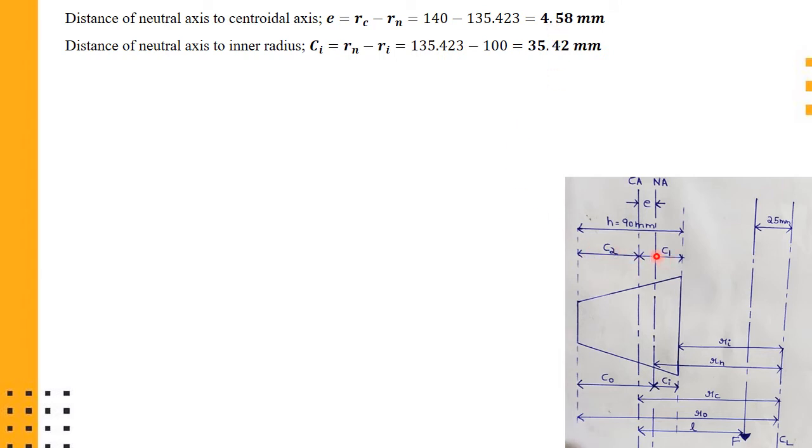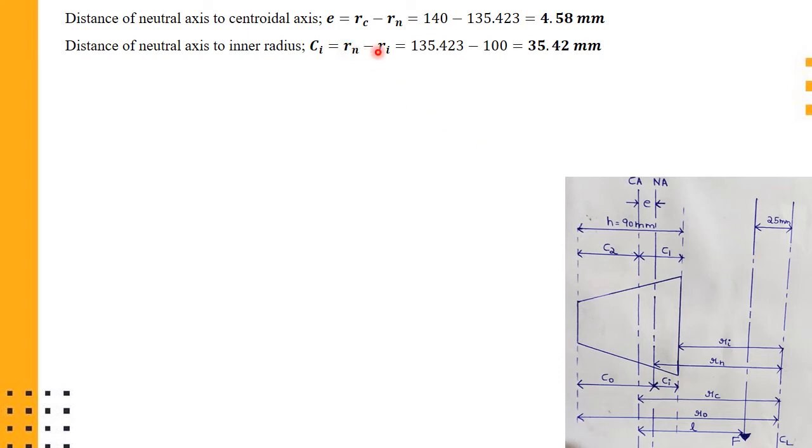Next is the Ci value. We already know C1, C2, Ri, Rn, Rc, R0, right? The only things we don't know are Ci and C0. How will we calculate Ci? If we know the radius of the neutral axis, then the radius of the neutral axis minus the inner radius will give the distance from the neutral axis to the inner surface, Ci.